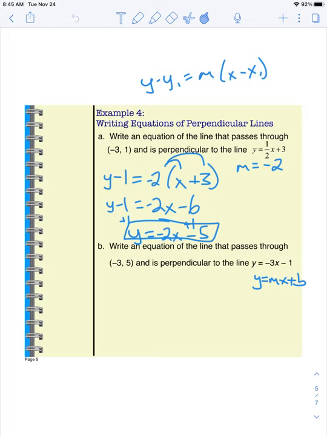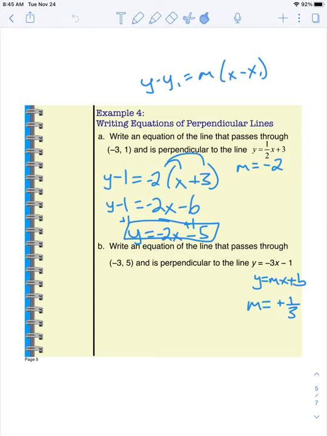So I need to find the opposite reciprocal of -3. The opposite of 3 is going to be positive. And remember, any whole number can be written as a fraction over 1. So 3 is the same thing as 3/1, which means the reciprocal is going to be 1/3. So the opposite reciprocal of -3 is positive 1/3.